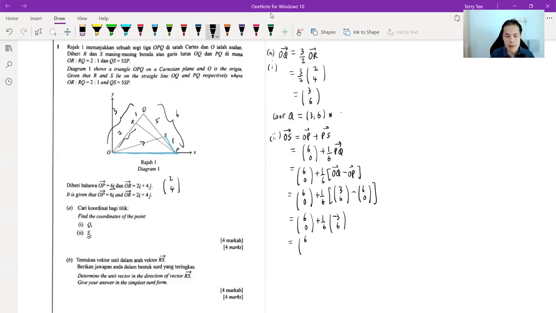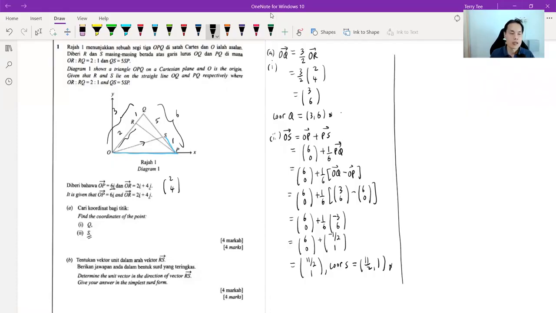Multiply inside: this is going to give us negative 1 over 2, since 3 over 6 is 1 over 2, and 6 divided by 6 is 1. So 6 minus half, you can write 5.5, or we can take 6 times 2, 12, 12 minus 1, 11 over 2, and 1. So that is vector OS. However, we need to write in coordinate form, so the coordinate of S is 11 over 2, 1.